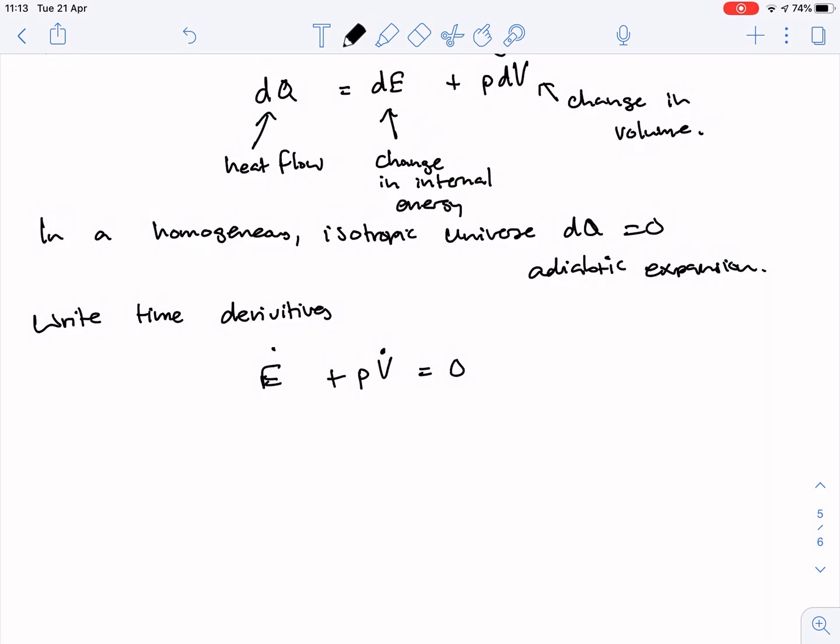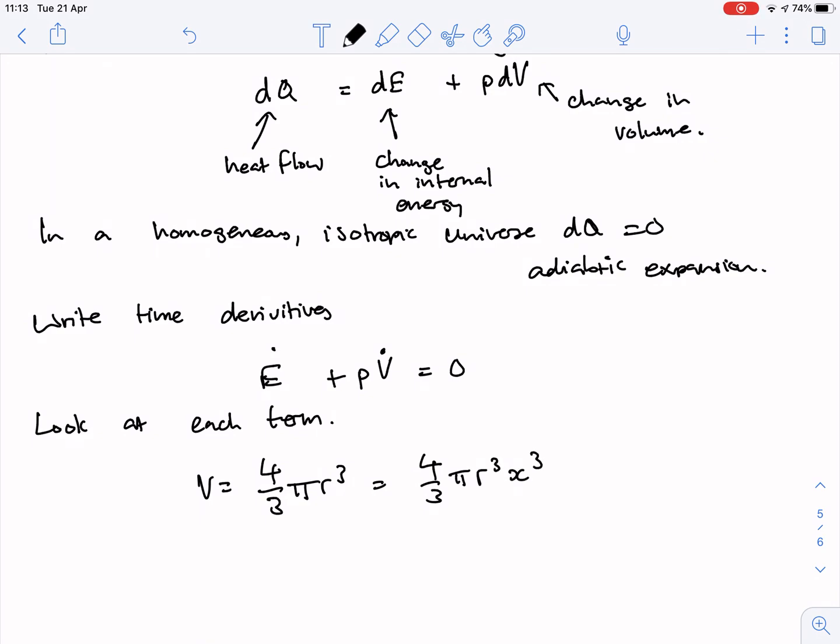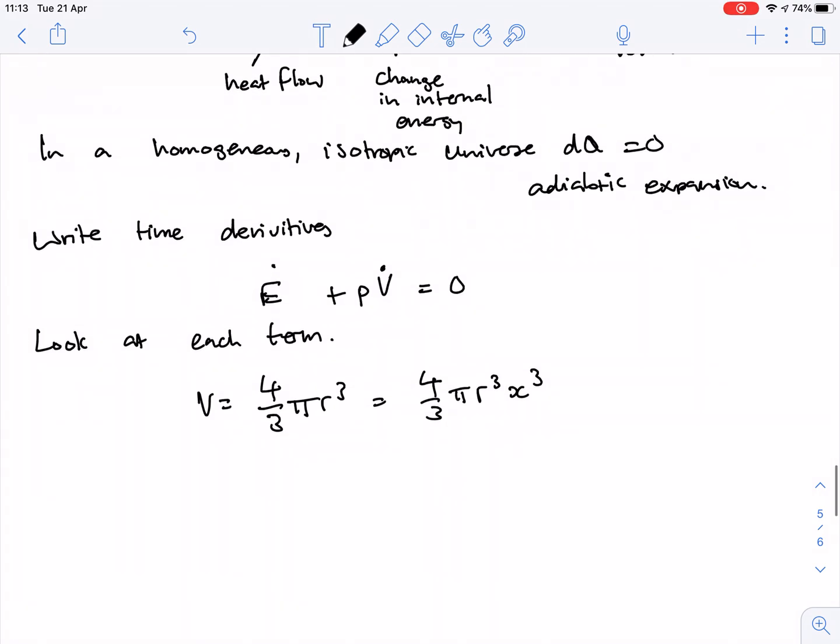And so now let's look at each of these terms in turn. So V is just 4/3 pi r cubed, which is 4/3 pi a cubed x cubed in co-moving coordinates. So again, this is co-moving.